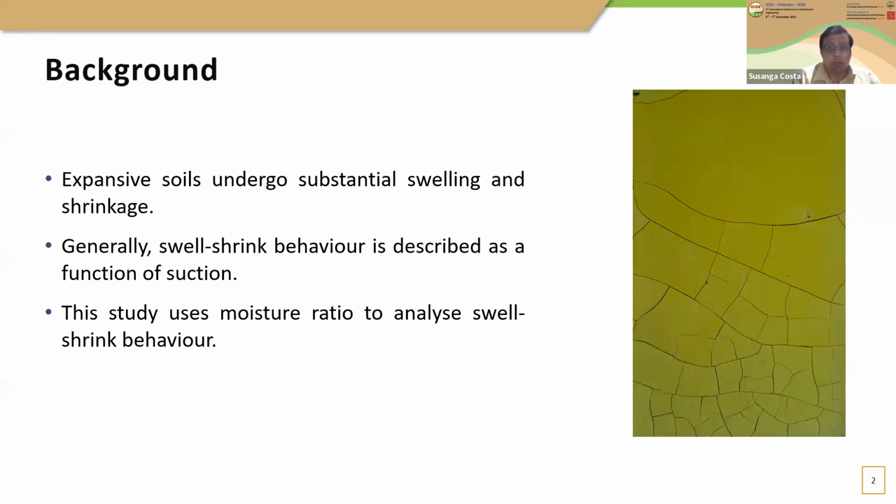However, most of these studies are limited to a single wetting or drying cycle. But in real life, soils are subjected to seasonal changes and undergo multiple wet-dry cycles. So in this study, we set out to study the swell-shrink behavior of an expansive soil under multiple wet-dry cycles.